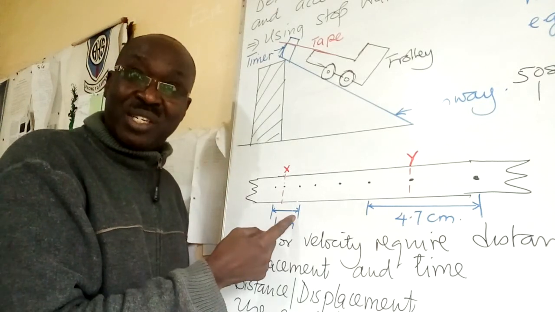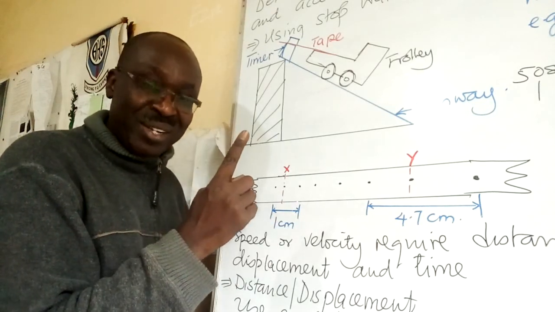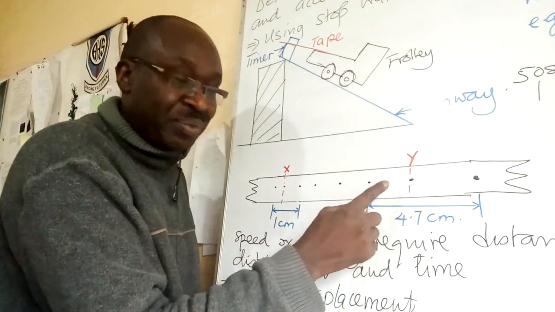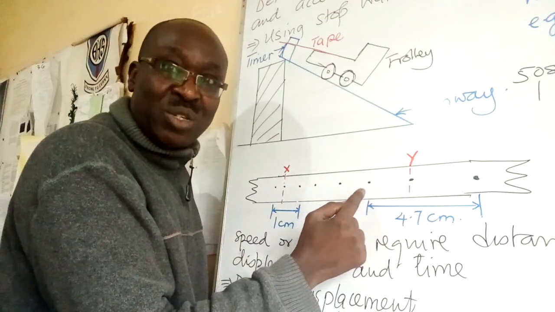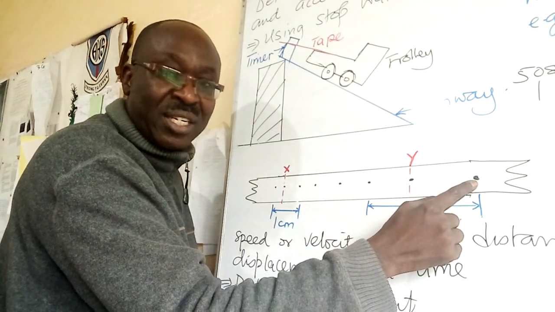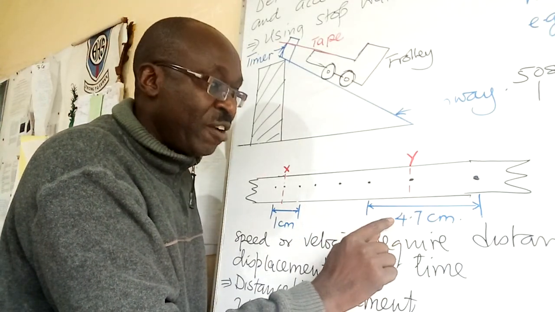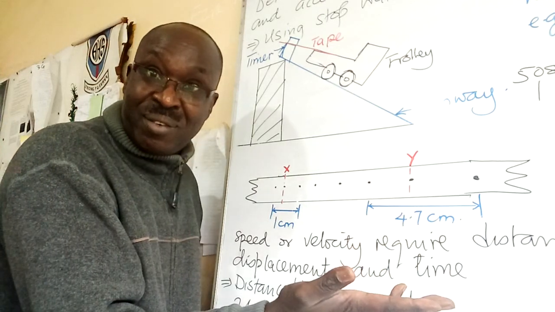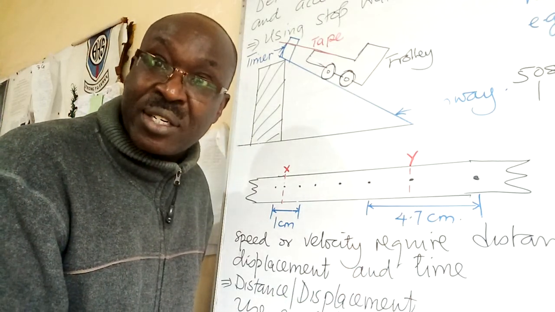It is 1 centimeter. Remember? Come to y. I want to get the distance between this and that. I've measured. I've gotten 4.7. It is as simple as that.